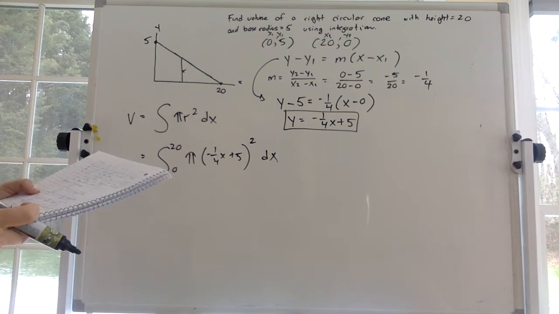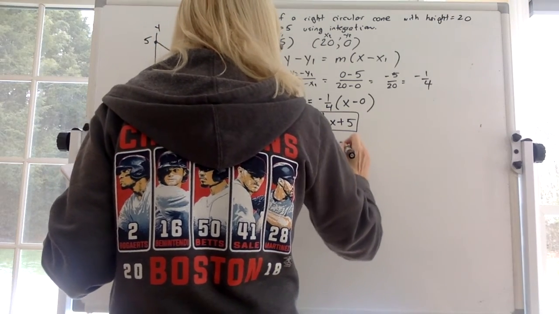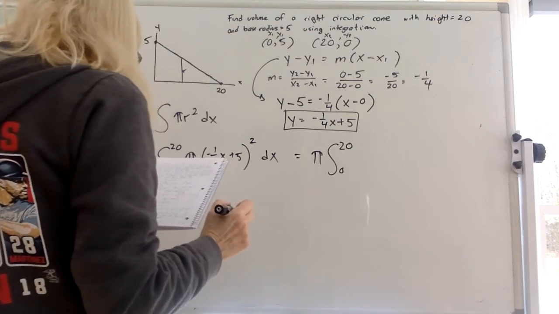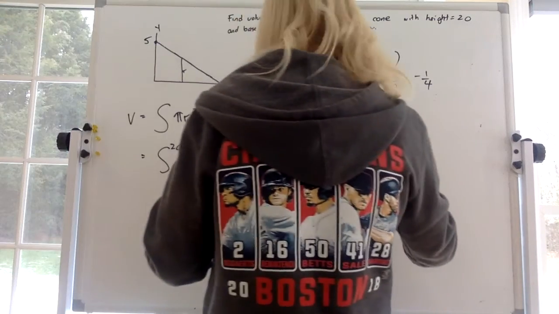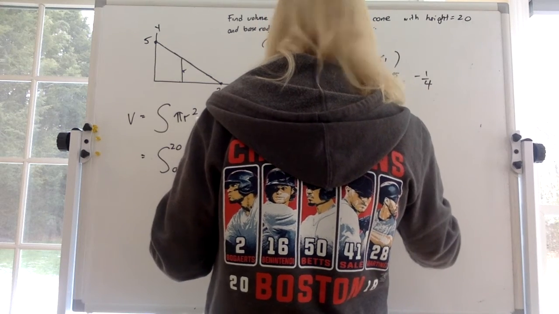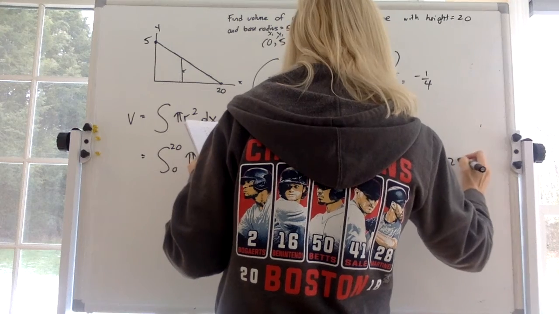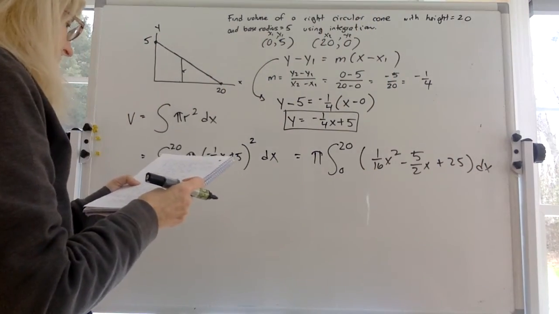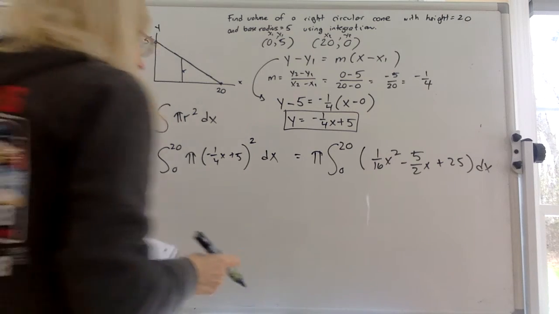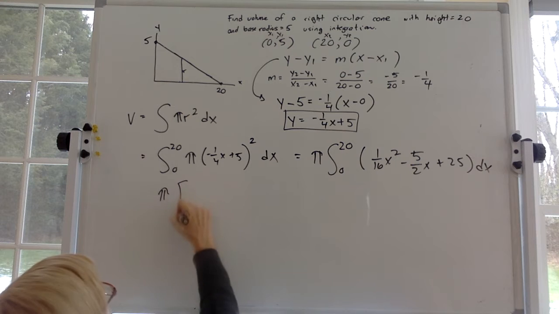Okay, so now it's just doing the math. Let's see, I'm going to put the pi in front. And I'm going to FOIL minus 1/4 x plus 5. And when I do that, I get 1/16 x squared minus 5 halves x plus 25 dx. Okay? And then I have to take the antiderivative, right? So don't forget you've got that pi sitting in front.